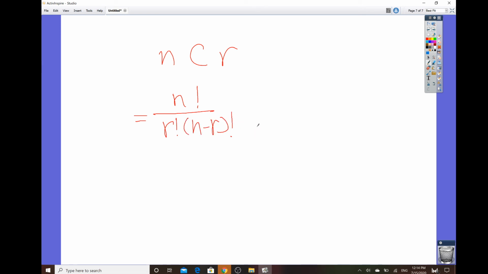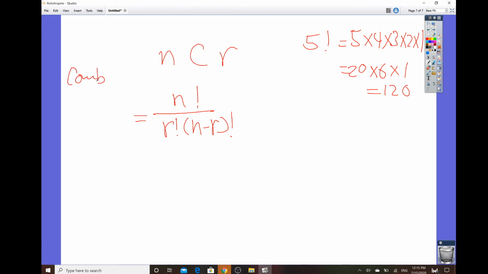So I'll explain what factorial means. Let's say that n is 5. So 5 factorial means 5 times 4 times 3 times 2 times 1. It's all the way from the highest number back to 1. So 5 times 4 times 3 times 2 times 1, so 20 times 6 times 1, then that'll be 120. Okay, so this one is the formula for combination.